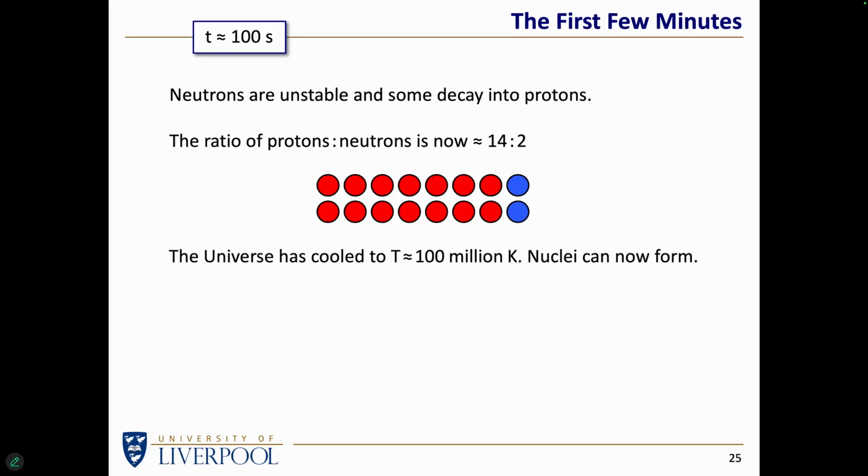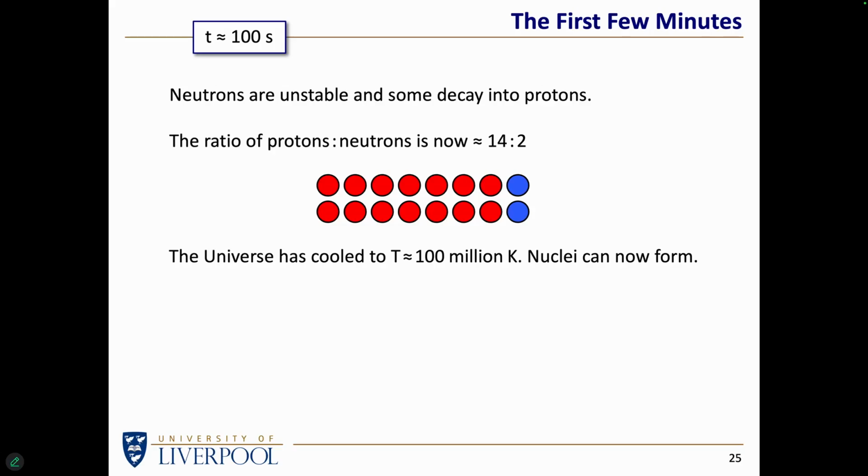Once the universe has cooled to about 100 million Kelvin, it is possible for the protons and the neutrons to get together. Prior to this point, the universe was so hot that when protons and neutrons try and get together, they have so much energy they simply don't stick, they fly apart.